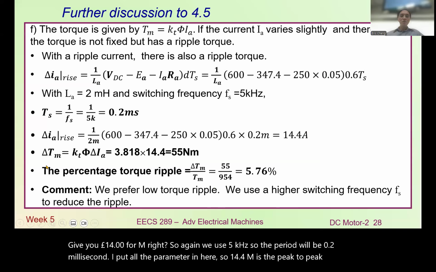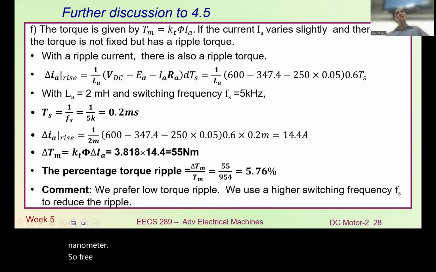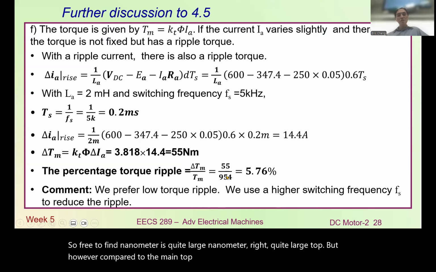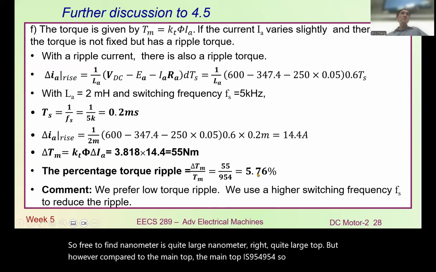This ripple will also appear in the peak-to-peak torque ripple. So the torque ripple is 55 newton-meters. That is quite a large torque, right? However, compared to the main torque of 954, it is only about 5.7%, reasonably good.